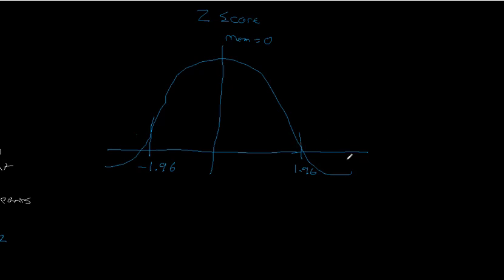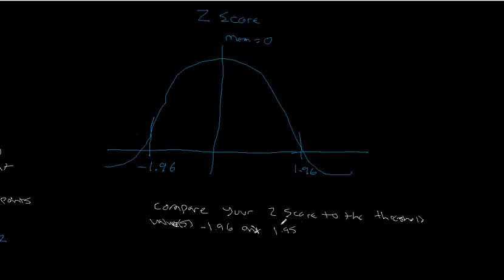So to sort of wrap this up, what you're going to do is you're just going to compare your z-score to the threshold values, negative 1.96 and positive 1.96.